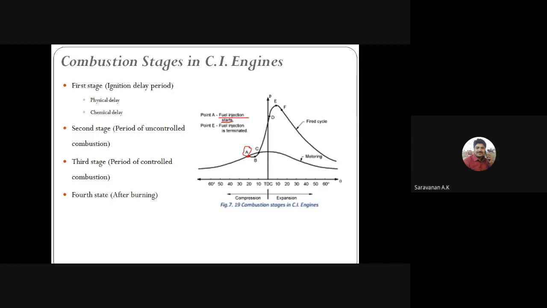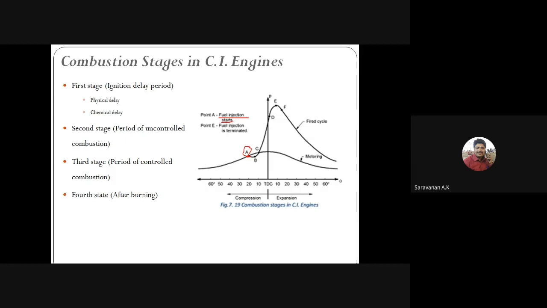The fuel is sprayed through the injection nozzle, and during the vaporization process of the fuel, it receives the latent heat from the surrounding compressed air.